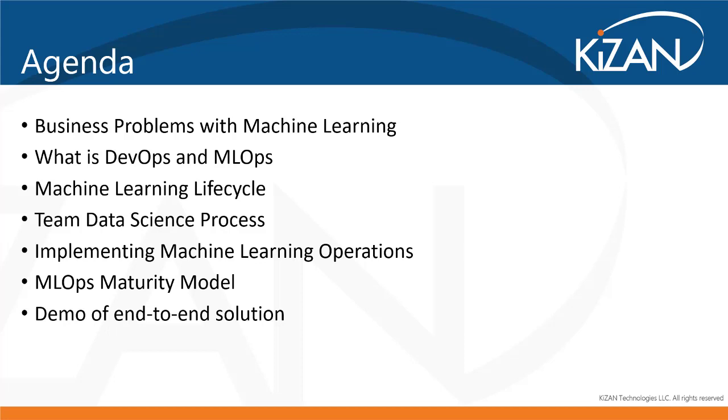Then with that, we'll move into a full life cycle of a machine learning project. We will review how to implement some best practices and processes for a ML project. And finally, we'll see a demo that is end-to-end for a machine learning operations solution.